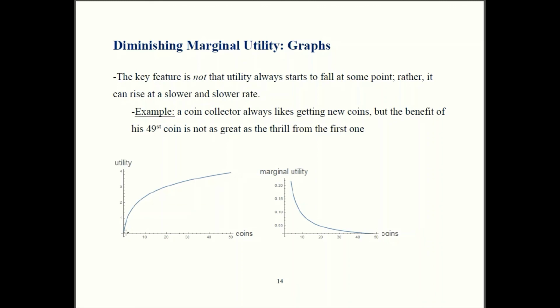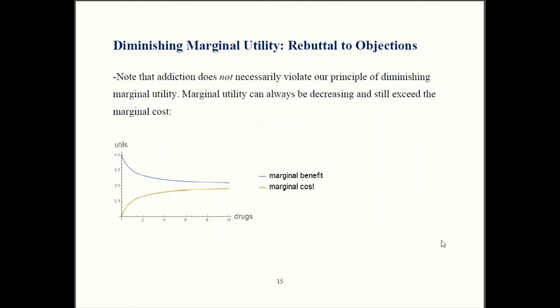If you were to graph marginal utility from that, you get a picture that looks like this, and that is steadily going down. So the point is that marginal utility will always have a negative slope. That could mean that total utility goes down, or it could mean that total utility goes up at a slower rate. That's what diminishing marginal utility is all about.